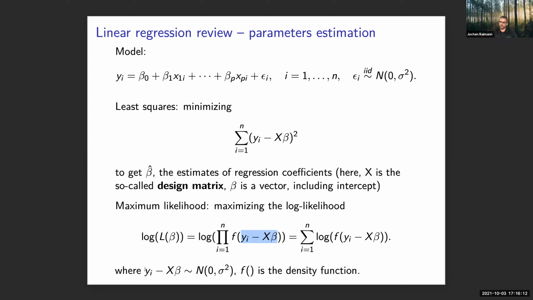We build this by building the product from i equals 1 to i equals n. Logarithmically transforming this allows us to estimate, quantify and maximize the probability.